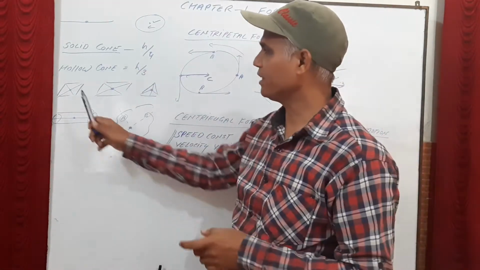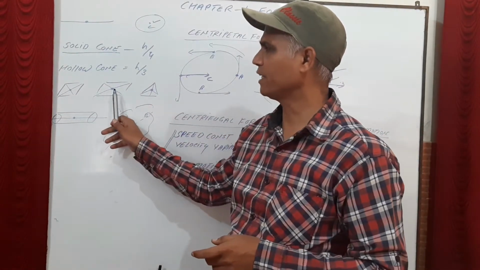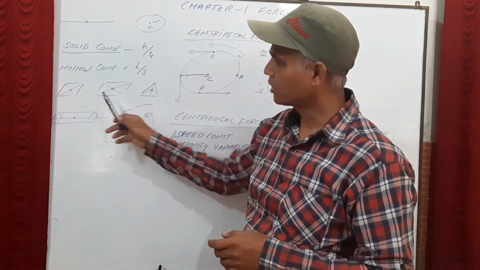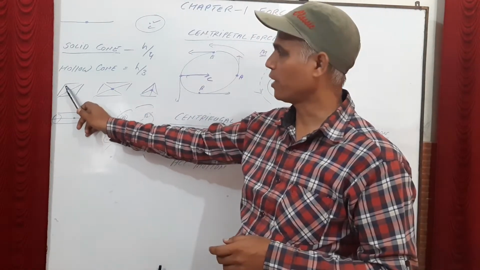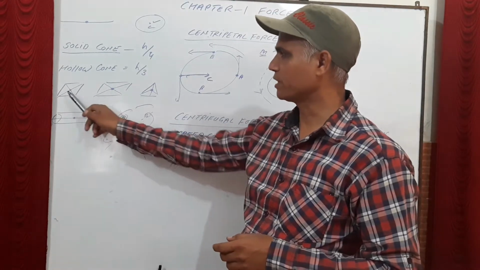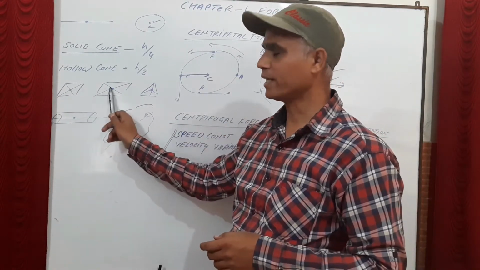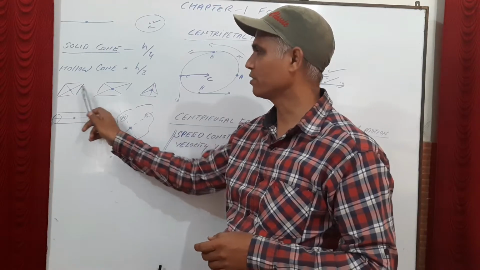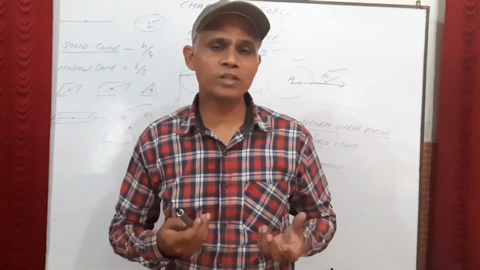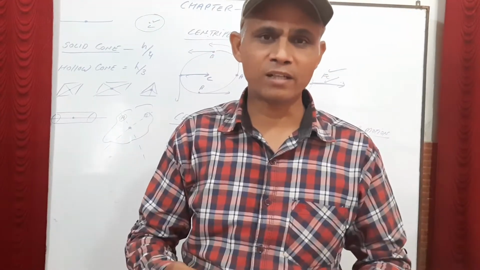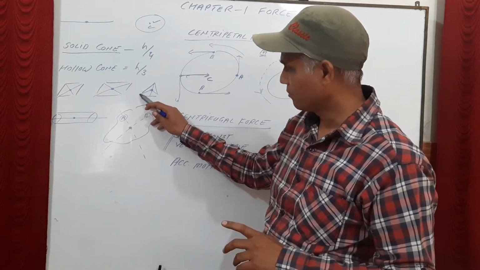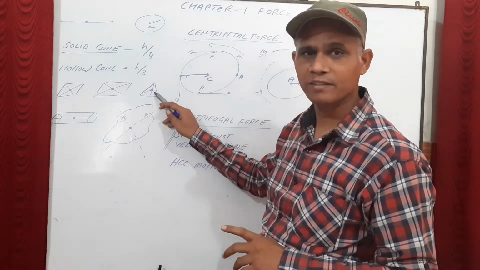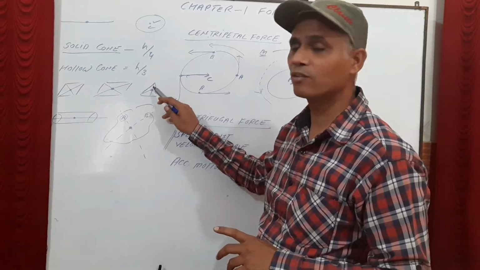If you have a square or a rectangle, in that case the point where the diagonals intersect, for example, you can see over here, that point represents the center of gravity. Suppose you have a triangular lamina, in that case the point where the medians intersect is the center of gravity.